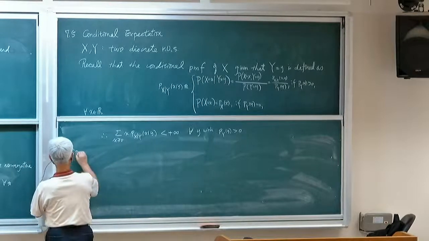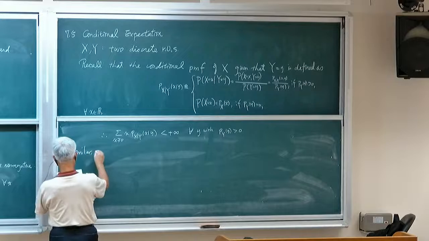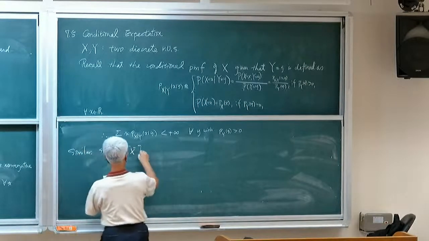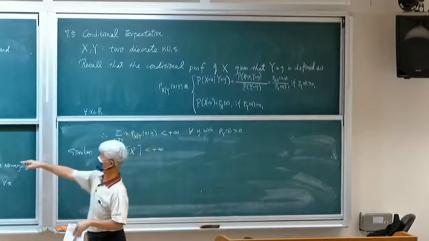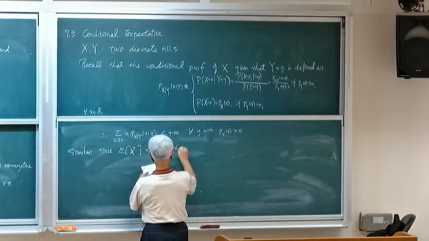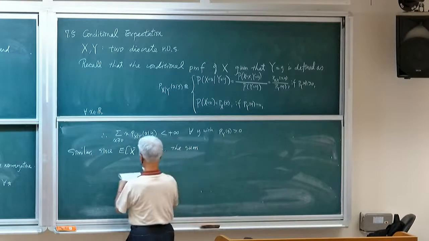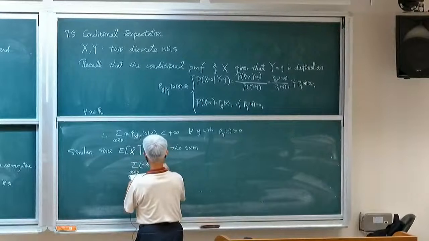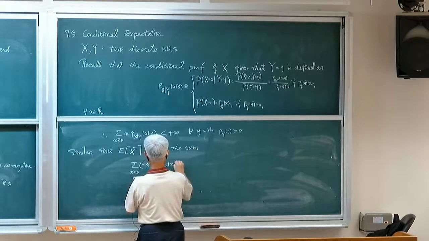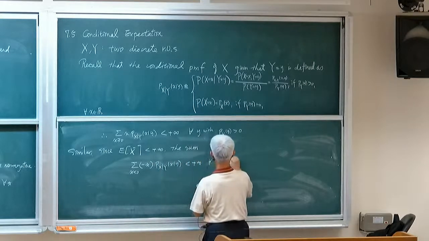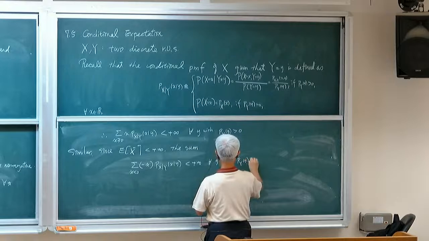All right. Similarly, we can do the same thing, since the expectation of X minus is finite. The sum over x less than 0 of minus x times the joint PMF p is finite for all y with P_Y(y) greater than 0.